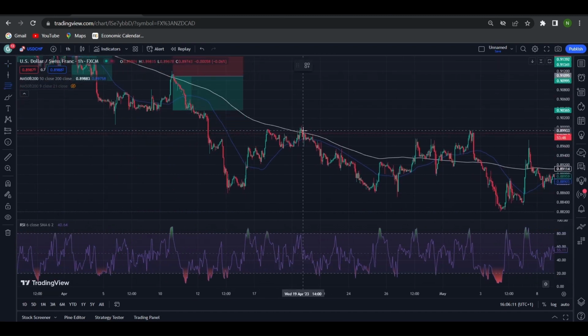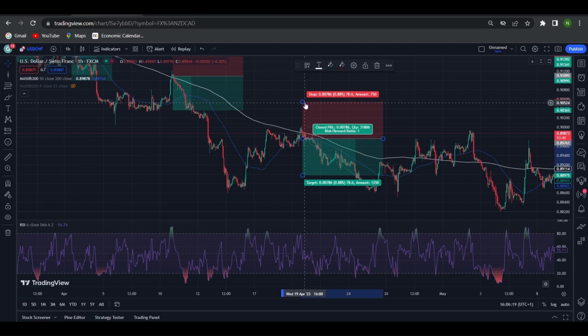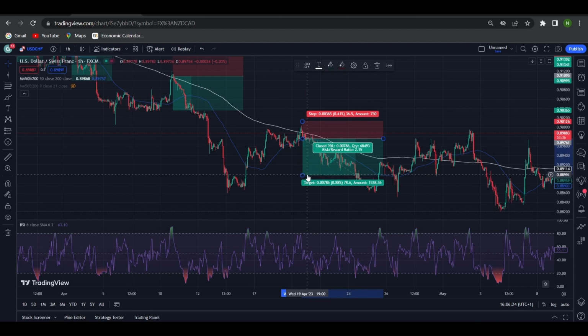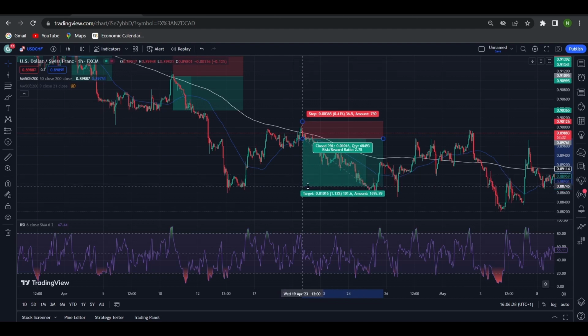So again, placing a trade each time it reaches the 200 moving average and retraces back, and placing it around this area, you will see again getting crazy trades out of it. So this was around a 2.8 risk to reward ratio, and you can see how consistent this is with our strategy.